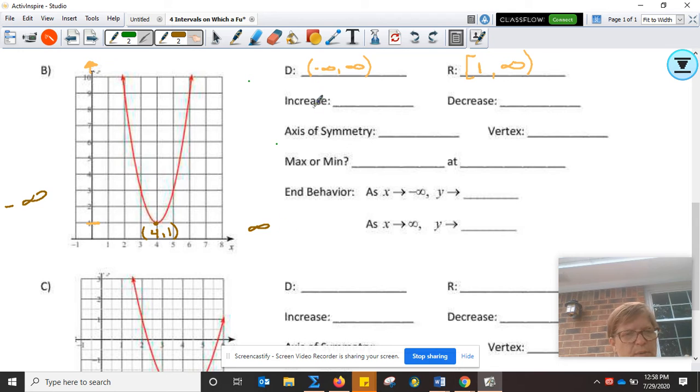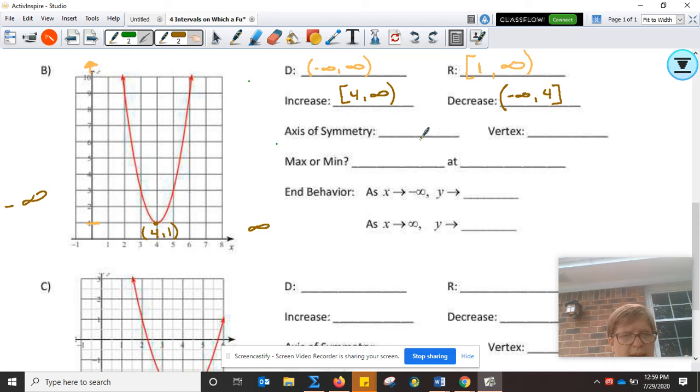Increasing and decreasing, remember we're just talking about our x's. All right, so we're increasing from 4 to infinity. So it's going to be bracket 4, comma, infinity. We're decreasing from negative infinity down to 4.